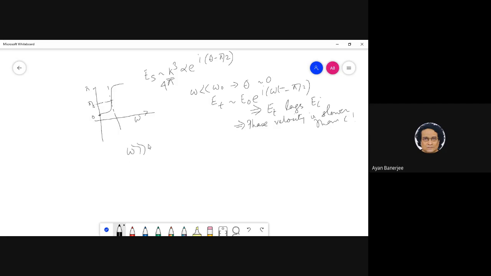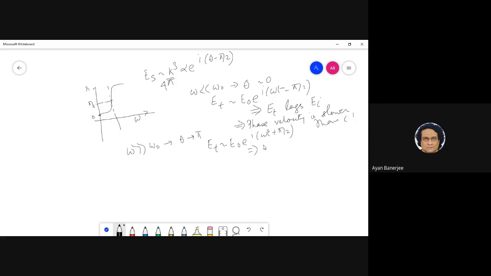And obviously, what will happen for the other case, when omega is greater than omega 0? Theta tends to pi, right? Which means your Et will be E0 e to the i omega t plus pi by 2.